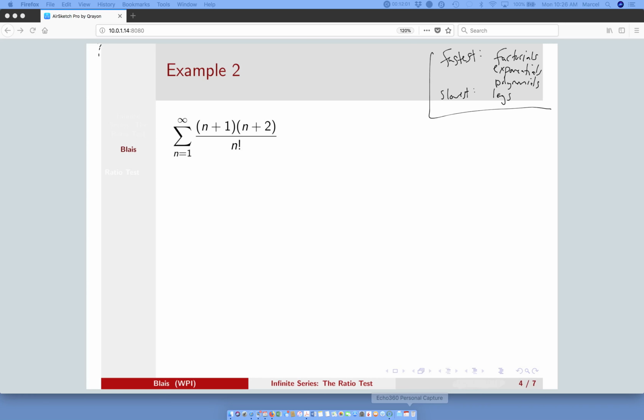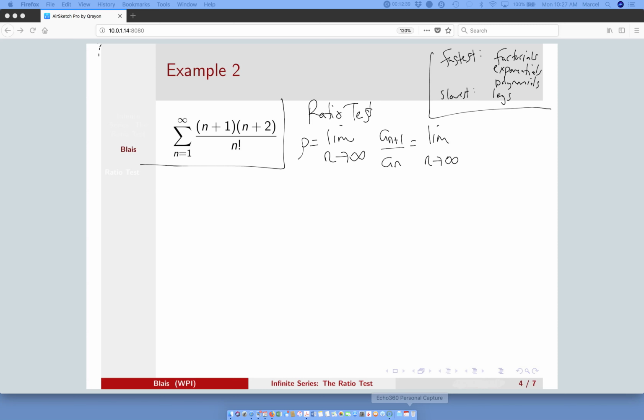So we apply it, and remember, rho is the limit as n goes to infinity of the n plus first term over the nth term. And this is an example where you have to be quite careful, because it can be really easy to make a mistake. I prefer to not simplify at all in the first step so that you know you get it right. So remember, for the numerator, for the n plus first term, we replaced each instance of n by n plus 1.